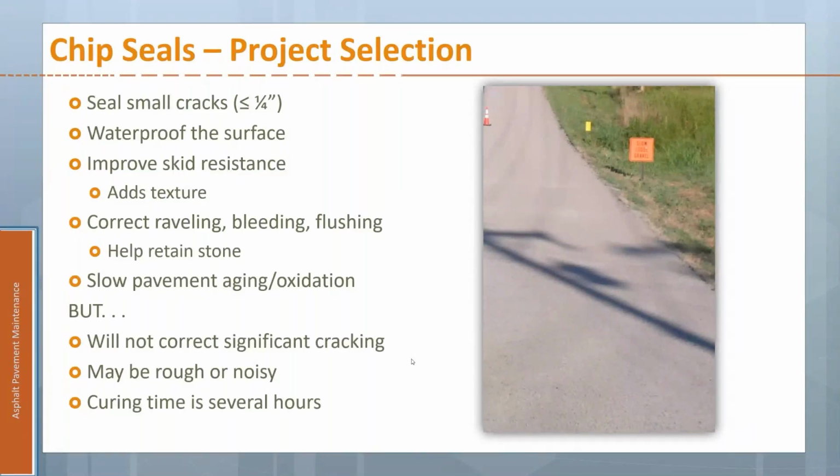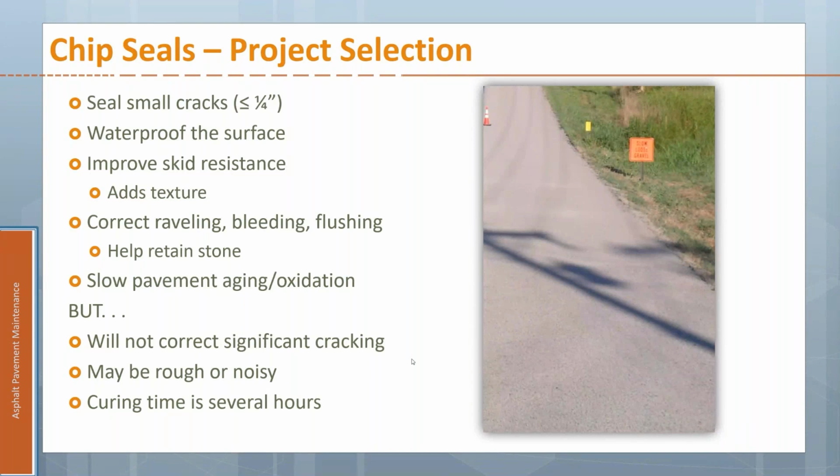Since we have aggregates as that top layer, that's what's visible, then we've got a pretty good amount of skid resistance because all the texture of the aggregate is there and available to grip to the tires. So we're really adding quite a bit of texture anytime we put a new chip seal down.